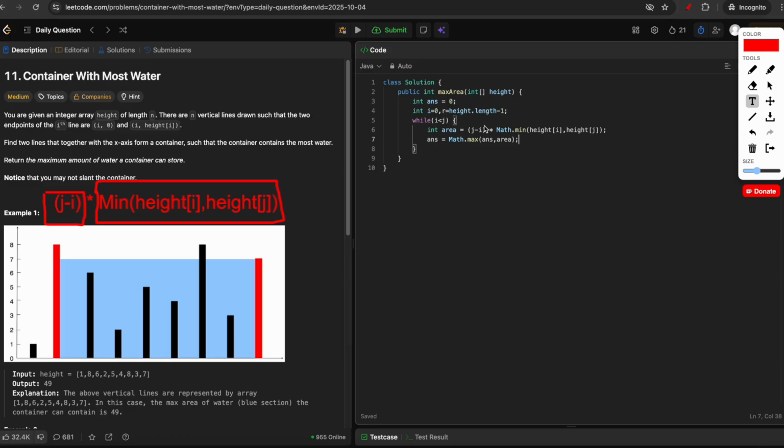Now once we have the area, we'll check whichever is the shortest among i and j, and we'll move that. So if height of i is less than height of j, that means we have to move i forward, and otherwise we can move j behind. Even in the equal case, we can either do j minus minus, or i plus plus. And at the end, just return the answer.